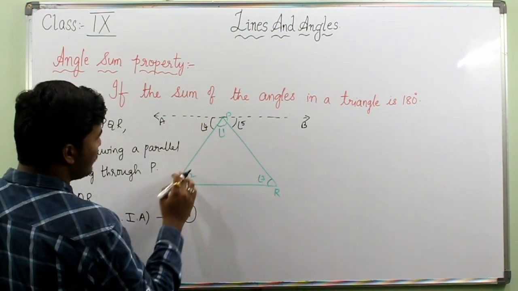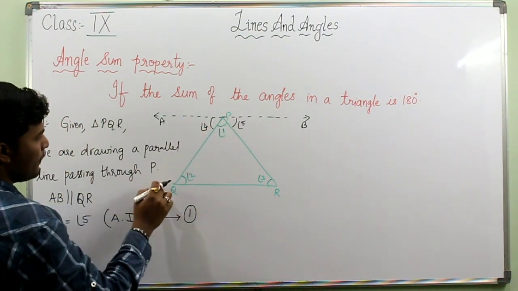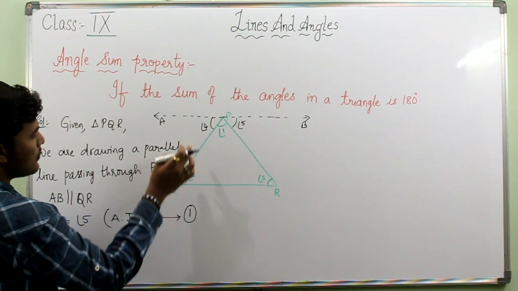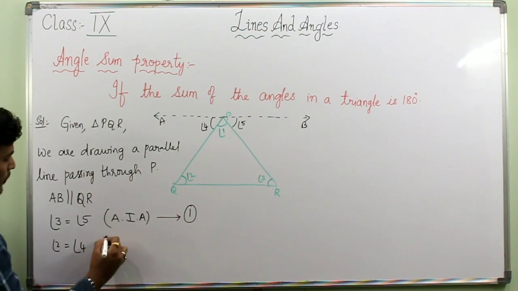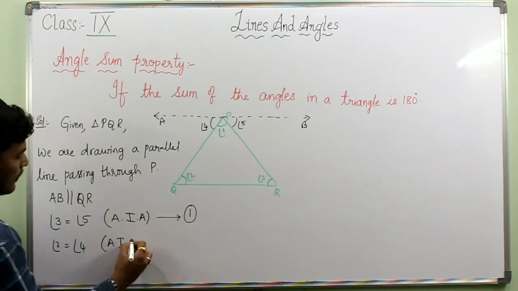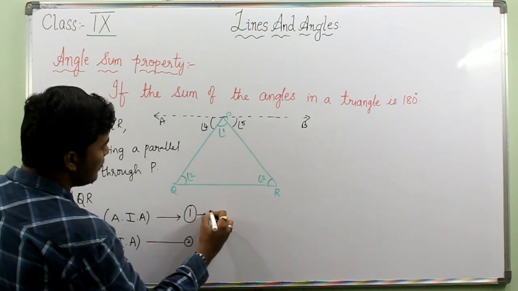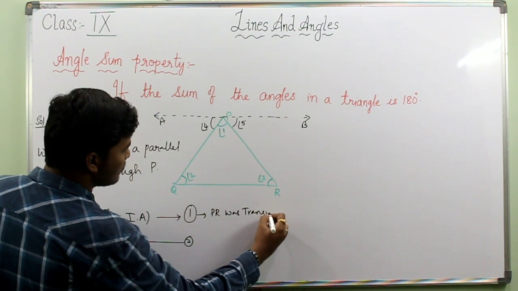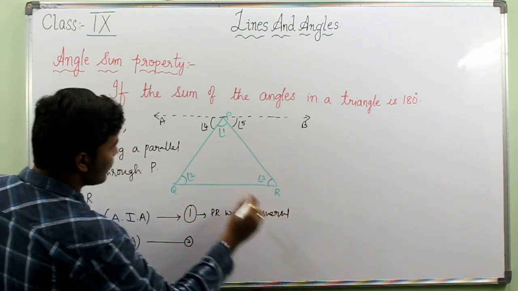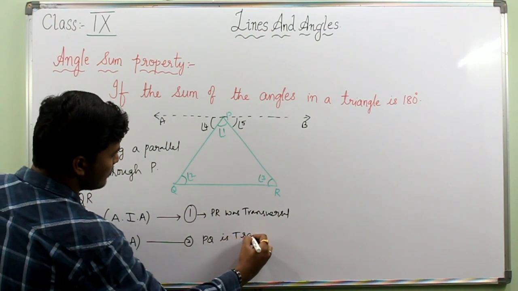On this side, PQ is a transversal. Again angle 2 equals angle 4, because of alternate interior angles. Here PR was the transversal, and here PQ is the transversal.